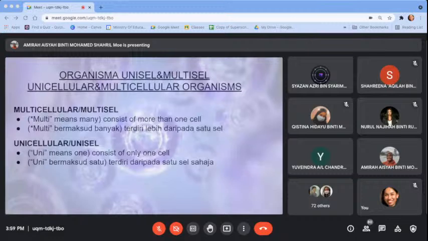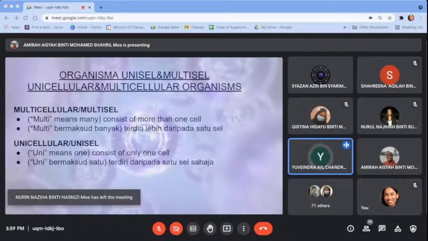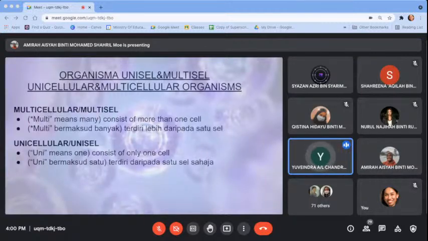Seterusnya adalah organisma unisel dan multisel. Organisma multisel ialah organisma yang terdiri daripada lebih daripada satu sel, sebab multi membawa maksud lebih daripada satu.